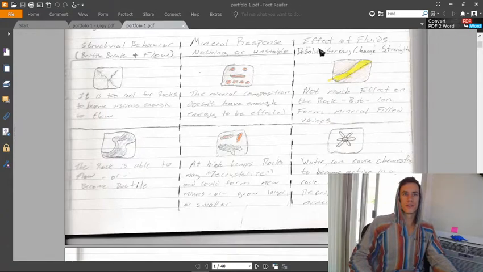Effects of fluids: dissolve, grow, and change in strength. Not much effect on the rock, but can form mineral-filled veins. Water can cause chemistry to be active in a rock and promote recrystallization of minerals.